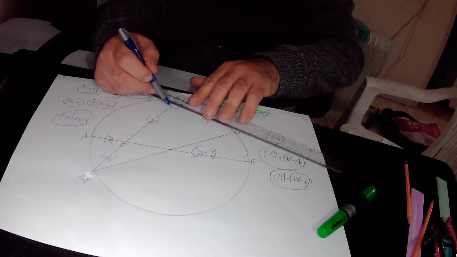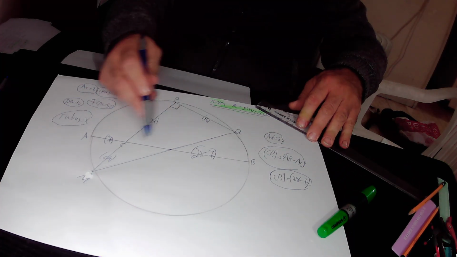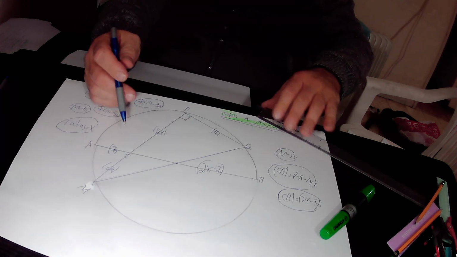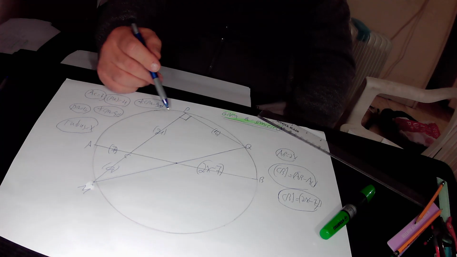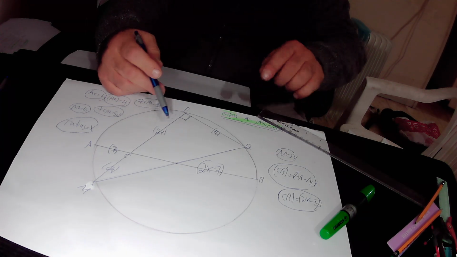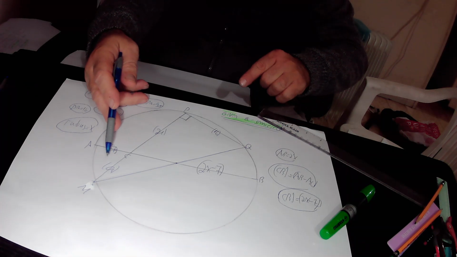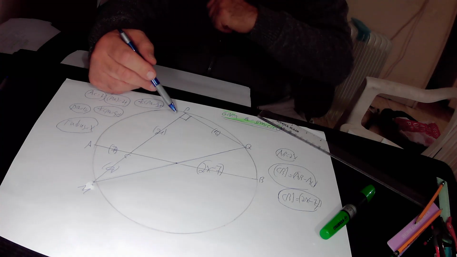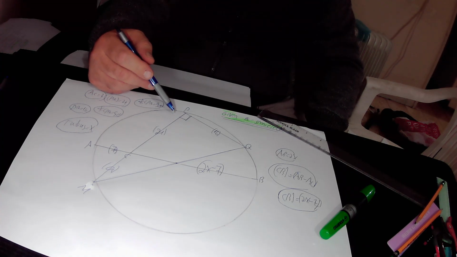This is peripheral angle MPQ, which subsets chord QM, and it equals 90 degrees according to what is given in the question.